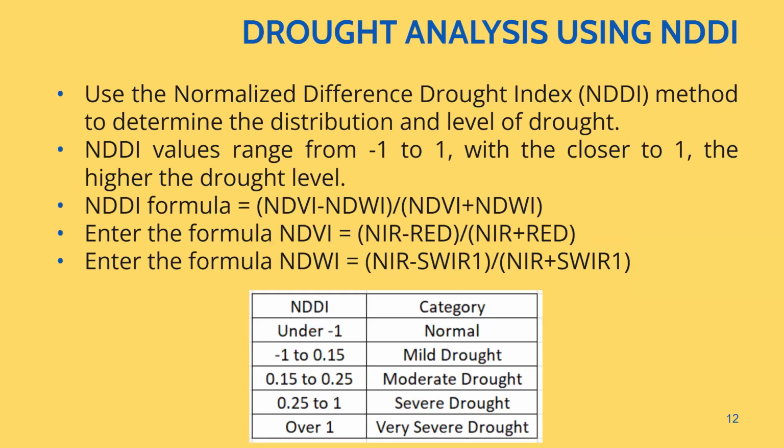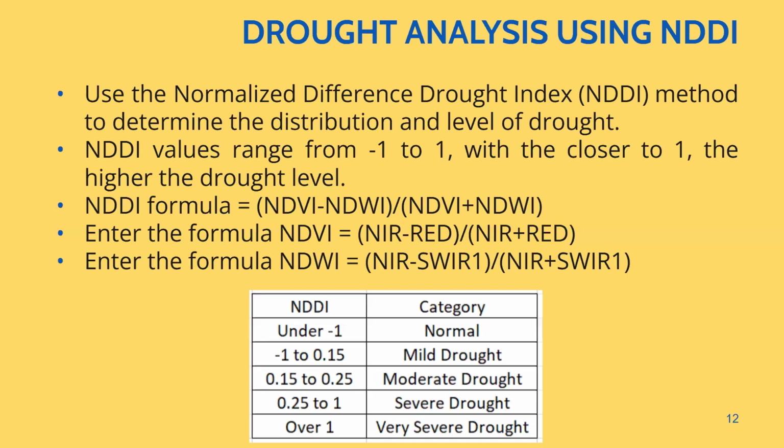The basis of drought analysis is the normalized difference drought index analysis. The NDDI value has a formula based on the NDVI, or normalized difference vegetation index, and the normalized difference water index. So it combines two indices to define how severe the drought is in the area.